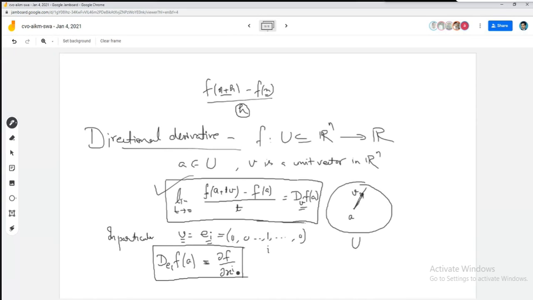Now it has some advantages and some disadvantages. First, I am just telling you the advantage; we'll discuss later on.